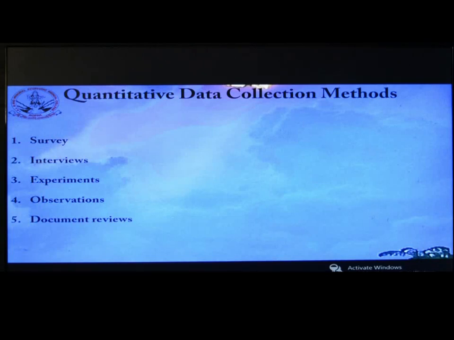Clinical and developmental psychologists usually collect data based on structured observations. They find frequency or various other types of distribution of data through this. Unstructured observations are usually used in exploratory research. Here we are using structured.